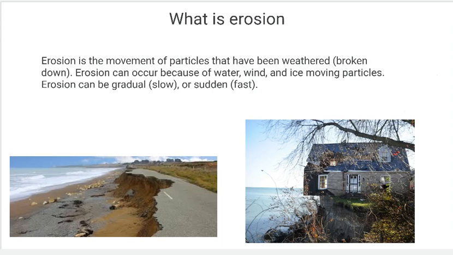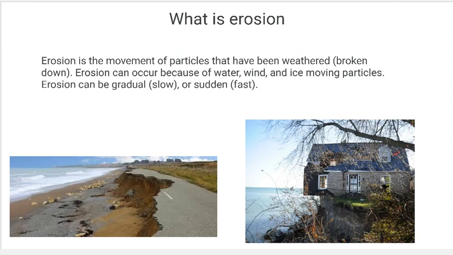In the last video talking about water erosion, we talked about how erosion occurs through three major processes, as weathering does: water, wind, and ice. Weathering and erosion go hand in hand and they can occur simultaneously.